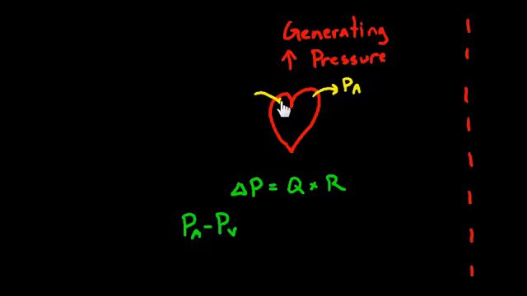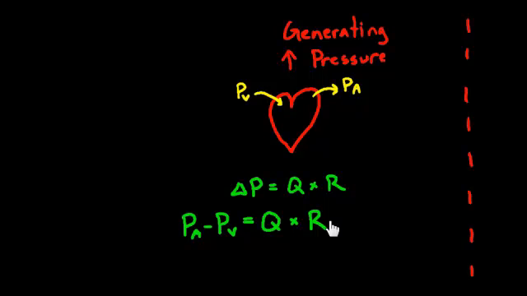And as it enters again on the other side into the atrium, it's got a pressure on the venous side. So the pressure leaving in the arteries minus the pressure returning in the veins is what's going to help you take a certain flow of blood, Q, past the resistance in the vessels. So that's a way of thinking about it.